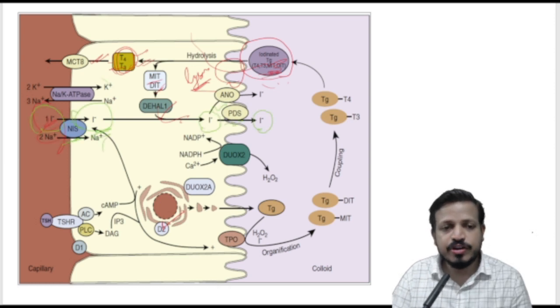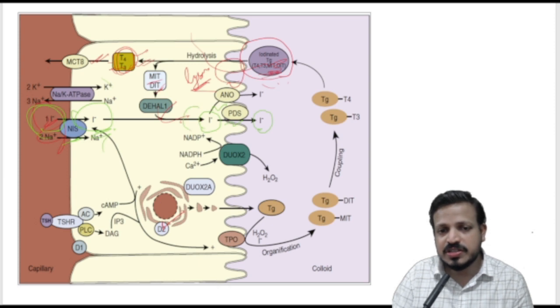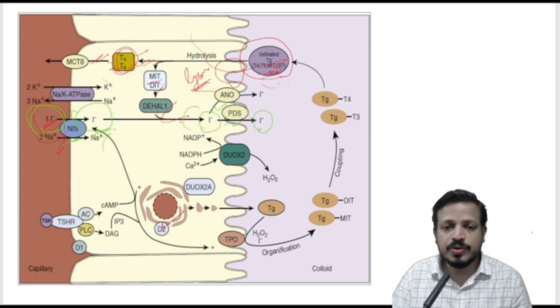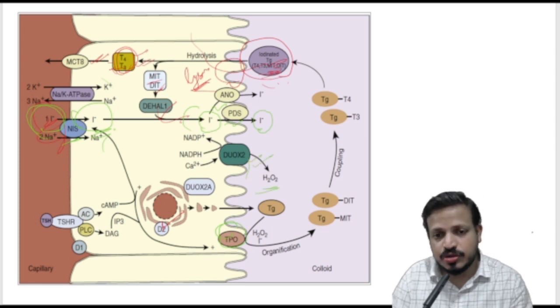To summarize the thyroid hormone biosynthesis, the initial step is the iodide uptake by the thyroid follicular cells, and after uptake, this iodide enters the thyroid lumen through the transport proteins pendrin and anoctamin, and after entering the thyroid lumen, it undergoes oxidation by the enzymes TPO and DUOX2, and DUOX2 generates the hydrogen peroxide.